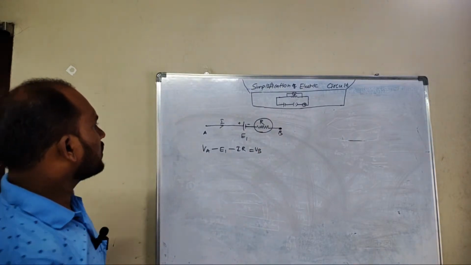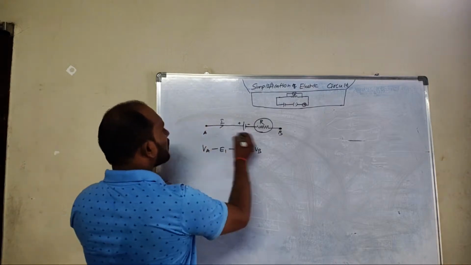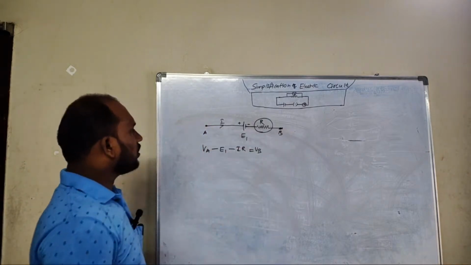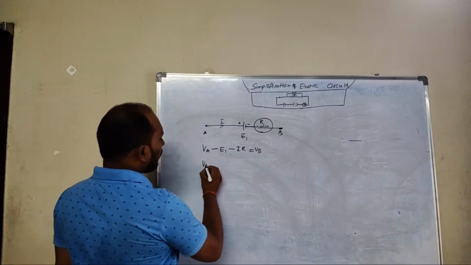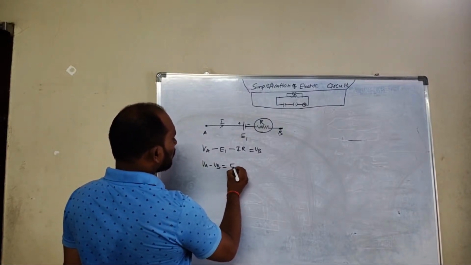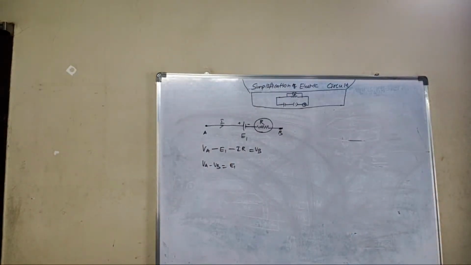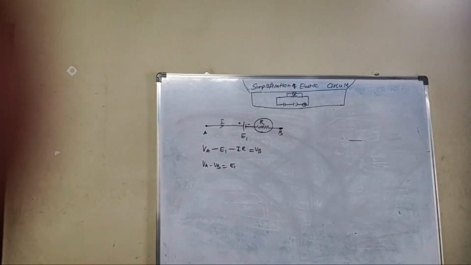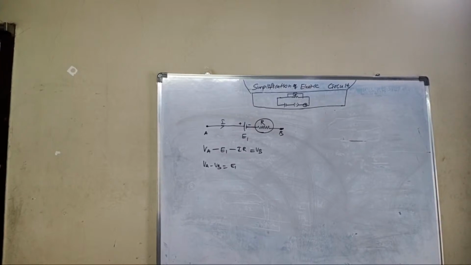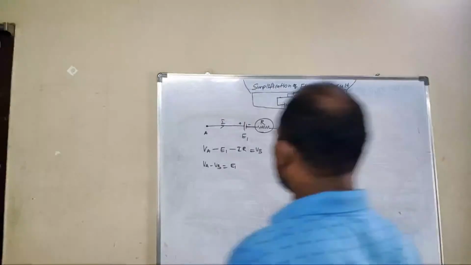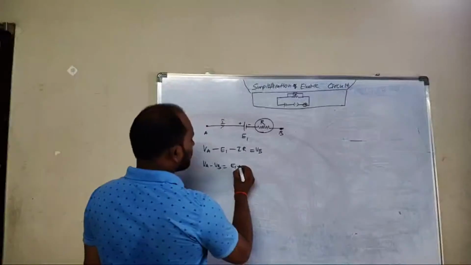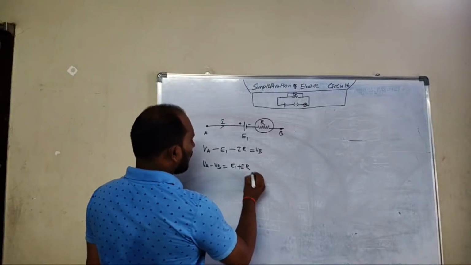Now I want VA minus VB. What is the potential difference between A and B? VA minus VB is equal to E1 plus IR.